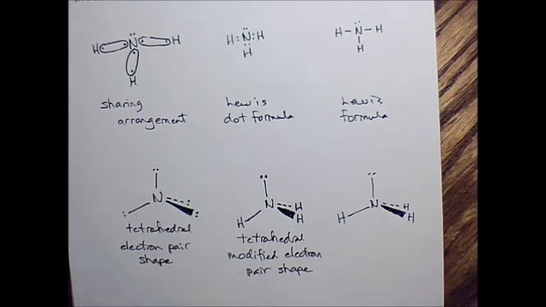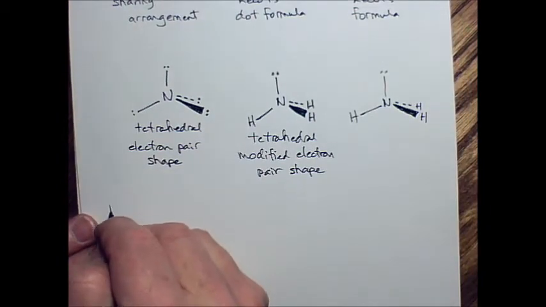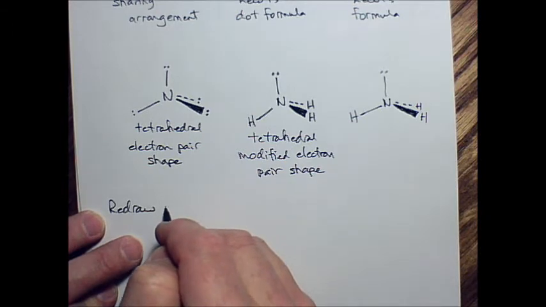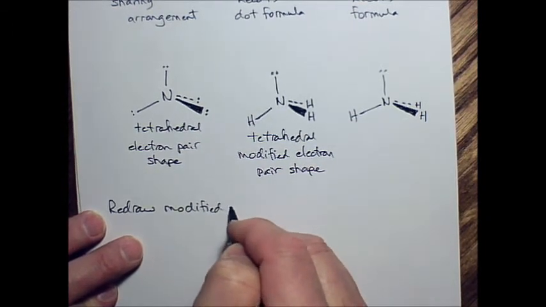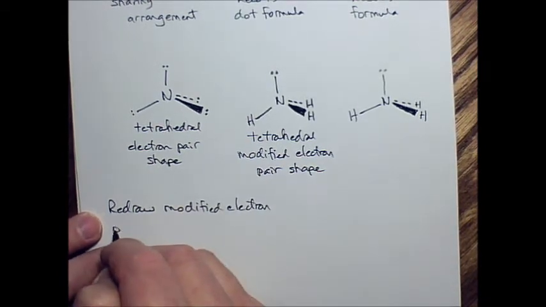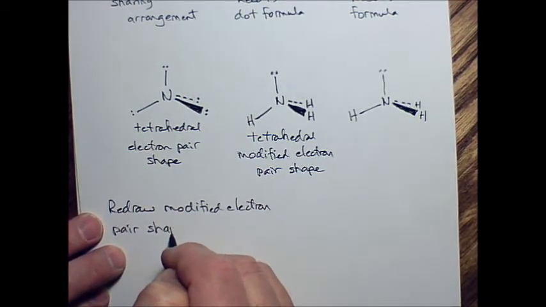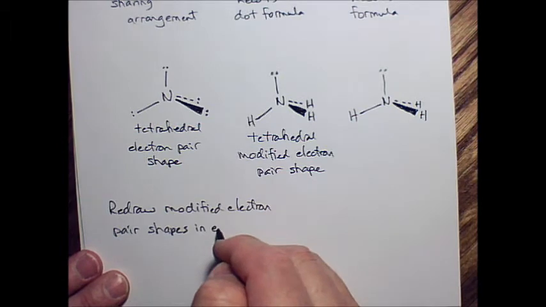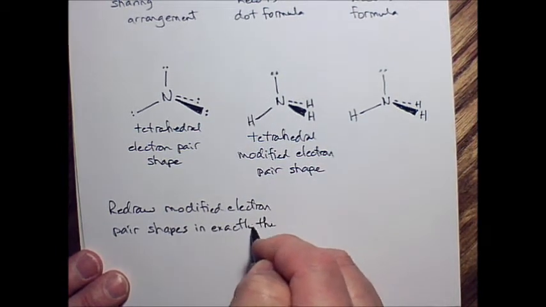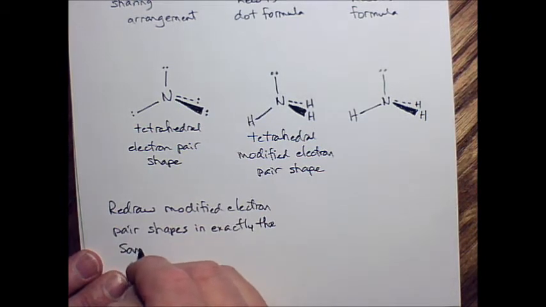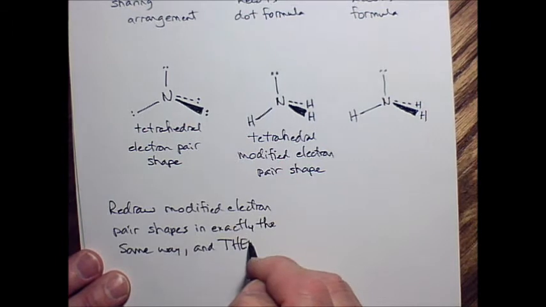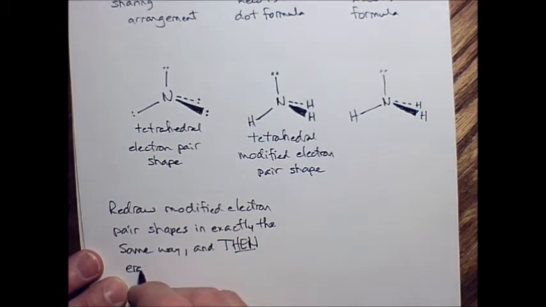So our last rule is that we're going to redraw modified electron pair shapes in exactly the same way, and then erase the lone pairs.